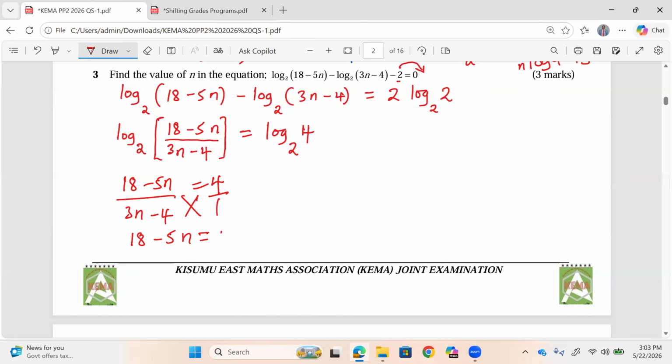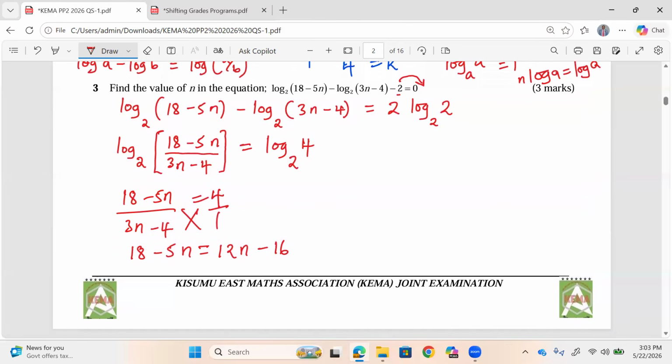So 4 multiplies the 3n to 12n, and also 4 multiplies -4 to give us exactly -16.